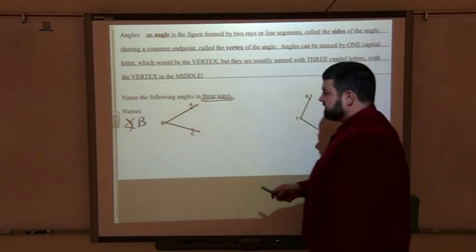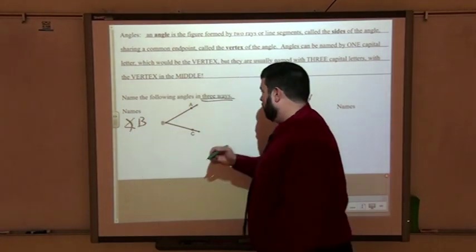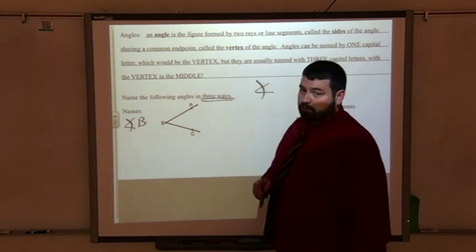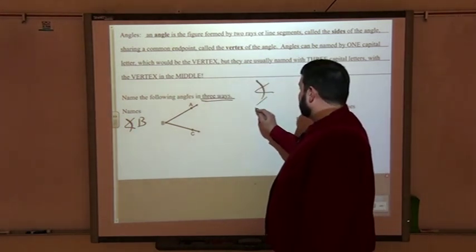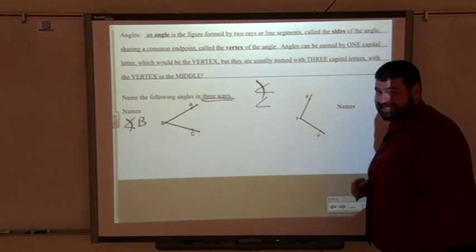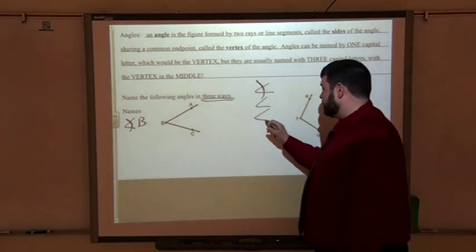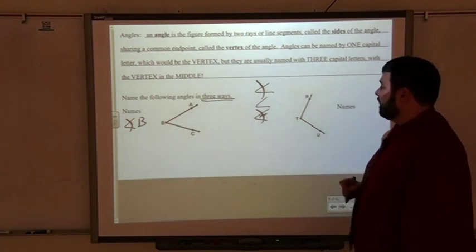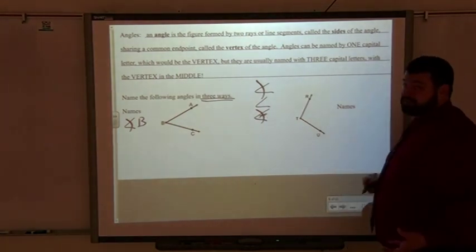Okay? Now that's what this symbol here means. It means angle. Okay? And you'll see it in a couple different ways. I always draw my angles like that, but our textbook sometimes might use that instead. And you might even see somewhere as well one with a little line there. Okay? They all mean the same exact thing.